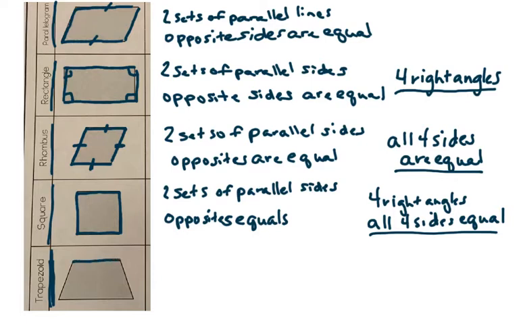Is this side parallel to this side? Yes. Is this side parallel to this side? If I kept going, would it stay equal distance apart? Nope. So a trapezoid has at least one pair of parallel sides.